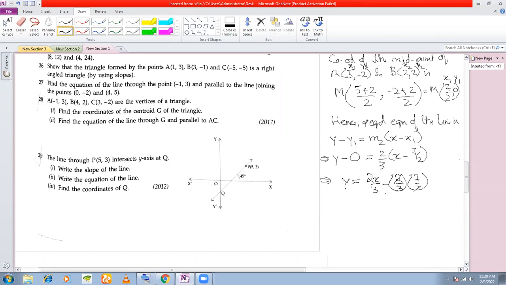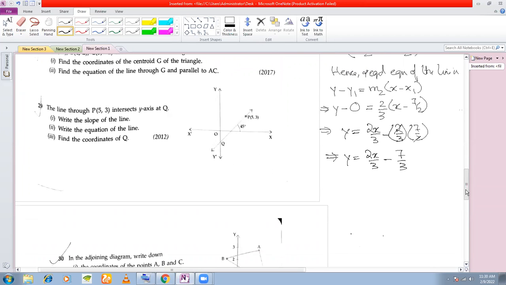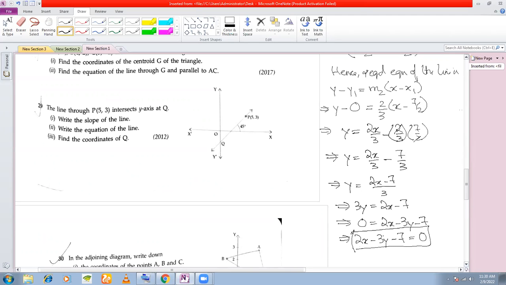This cancels, so you get y is equal to 2x by 3 minus 7 by 3. Now you can take the LCM. You get y is equal to (2x minus 7) by 3. Now cross multiply: 3y is equal to 2x minus 7. Now take 3y to the other side to get 0 is equal to 2x minus 3y minus 7. That means your required equation of the line is 2x minus 3y minus 7 is equal to 0. Okay, and that should be your answer. So I'll stop here.